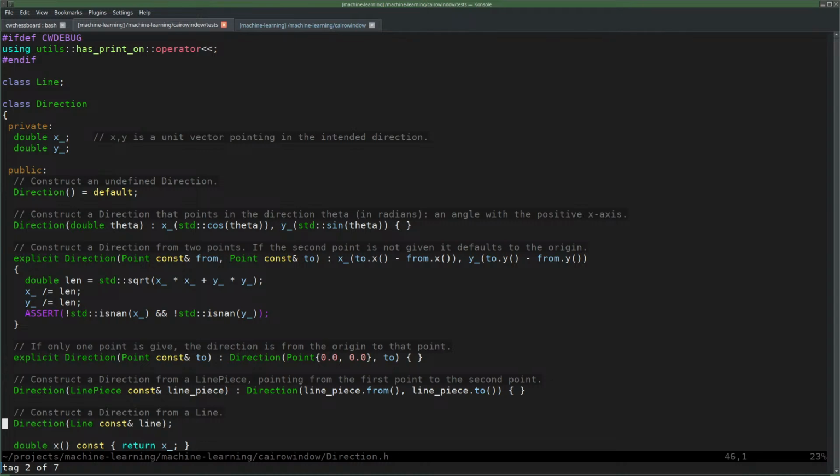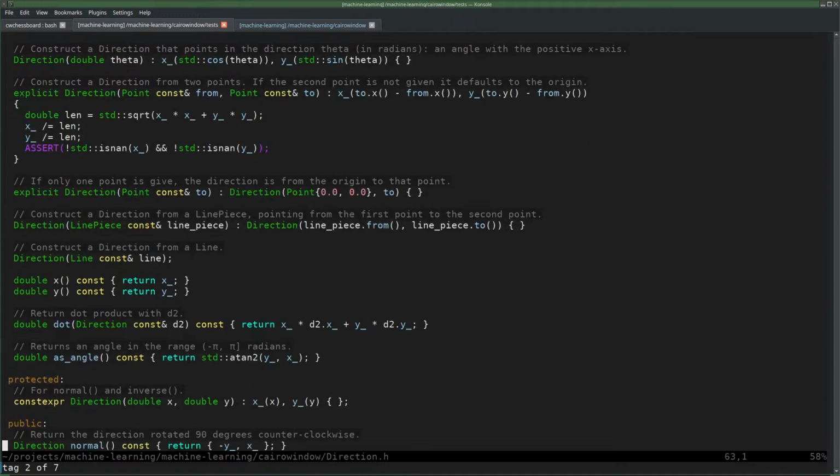Direction of a line piece, direction of a line. Direction given 2 points. Direction given a theta in radians. And I'm afraid this is the one that we need. But then again, I don't have an angle.